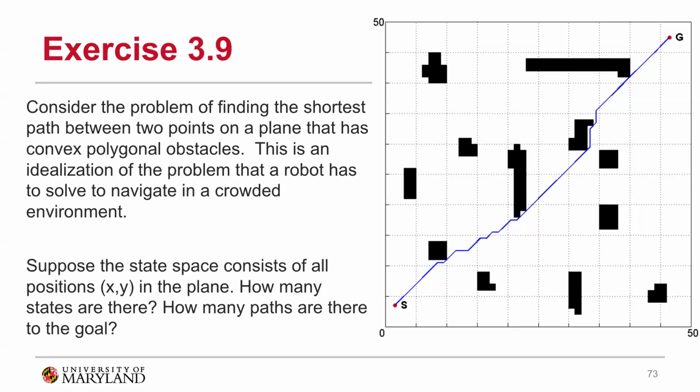For example, considering this room, how many ways can you walk from here to outside of this room? Infinite, right? You can walk anywhere. So it's basically about problem formulation and how we can discretize things to make them easier.